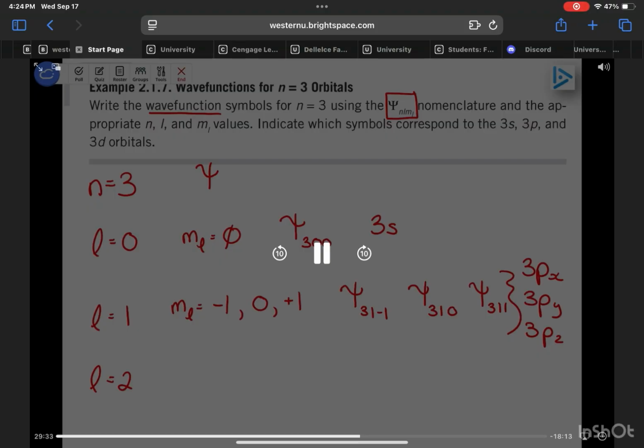If L equals 2, well, the ML options are -2, -1, 0, +1, and +2. So the 5 psi options showing the d orbitals are 3, 2, and I'll just write them down.